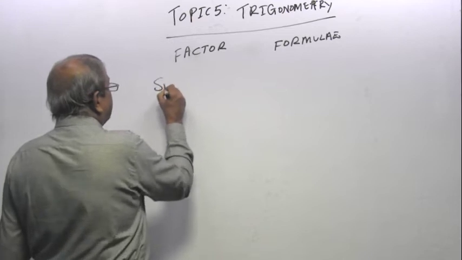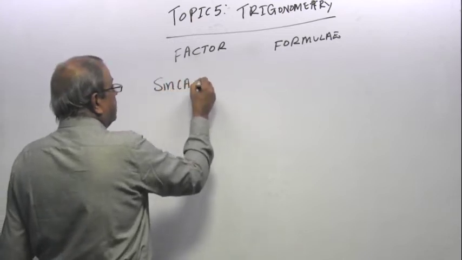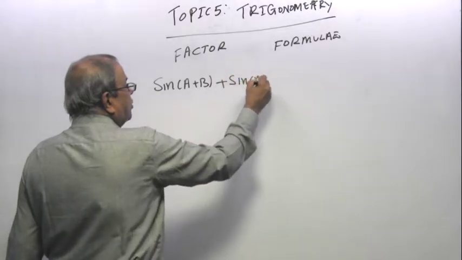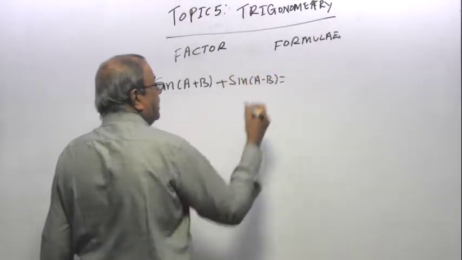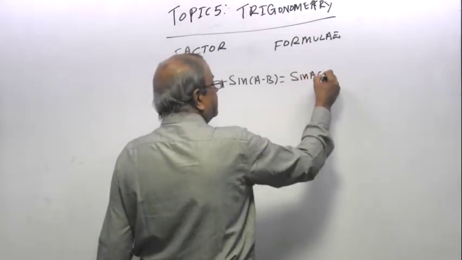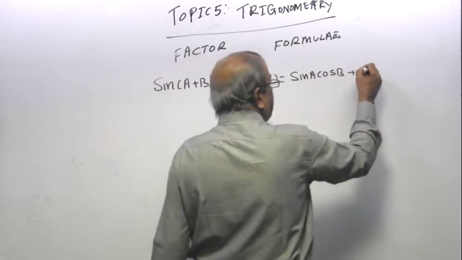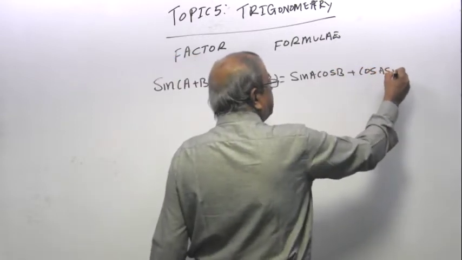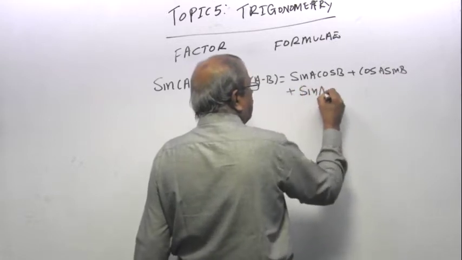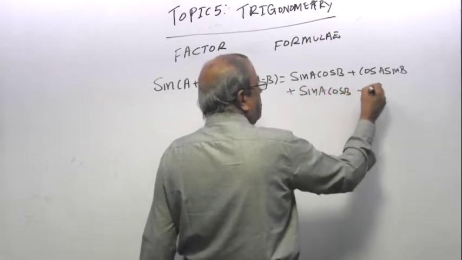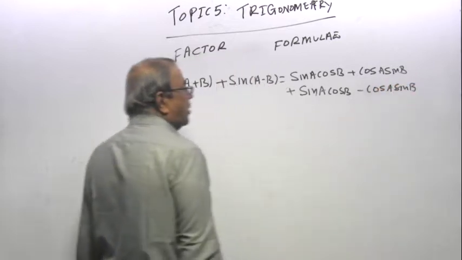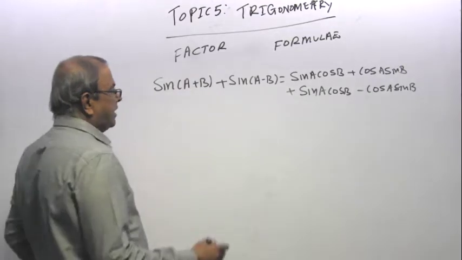Let's write this. Sine of A plus B plus sine of A minus B. What would that be? It would be sine A cos B plus cos A sin B, plus sin A cos B minus cos A sin B. So when you add them, the cos A sin B terms cancel.